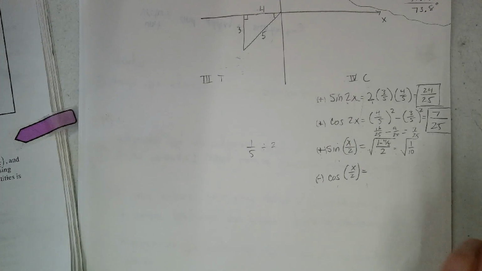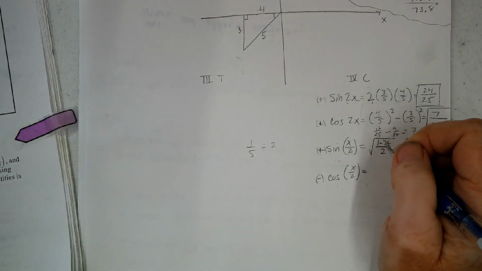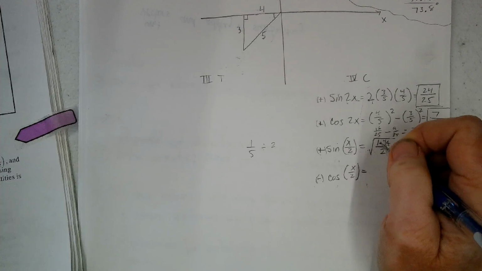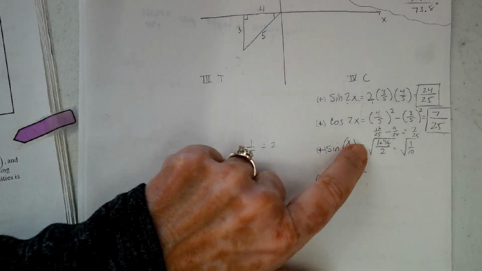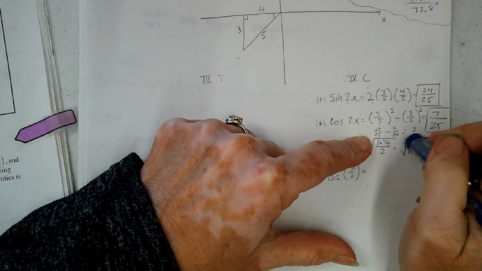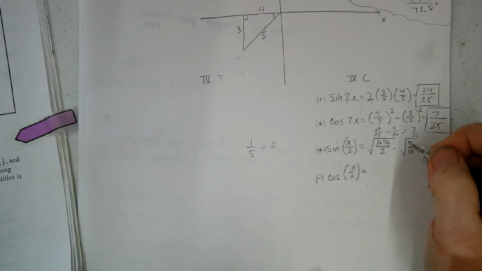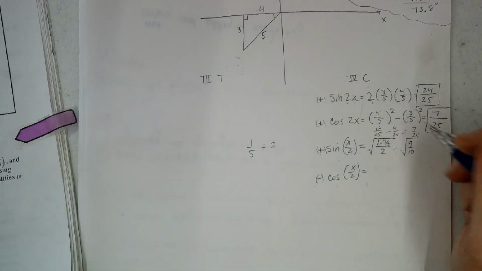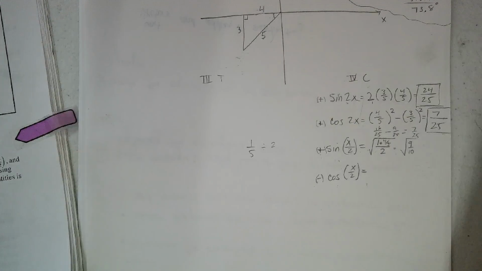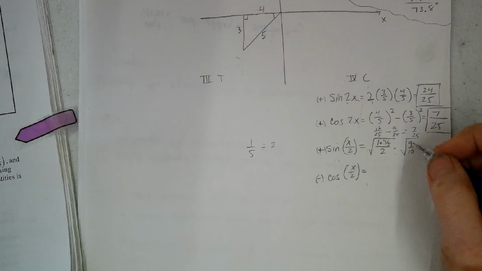So it would be minus a negative, so that's going to be plus. So this is actually going to be 5/5 plus 4/5, that's 9/5 divided by 2, that's 9/10, and then the square root of 9 is 3.